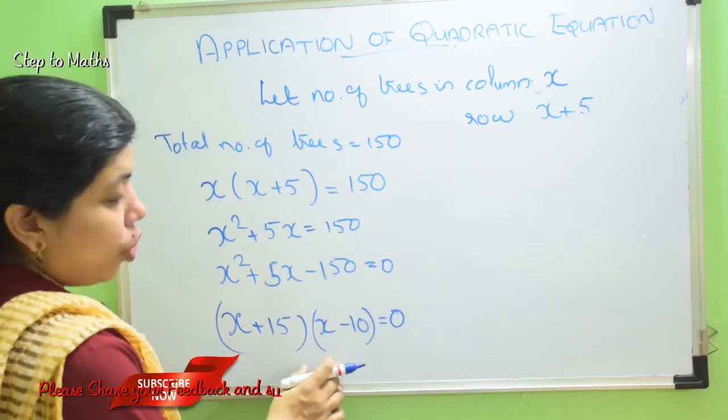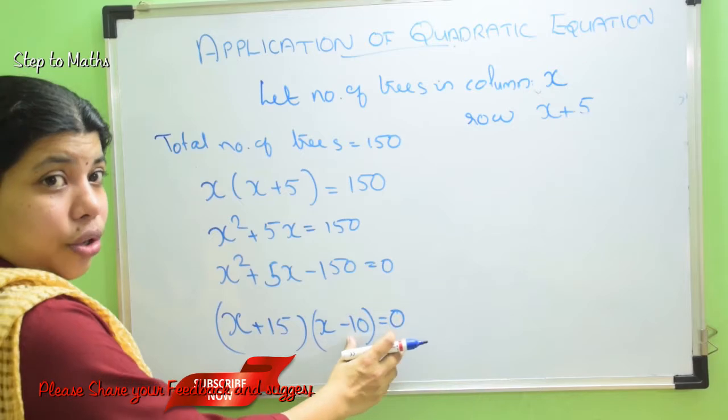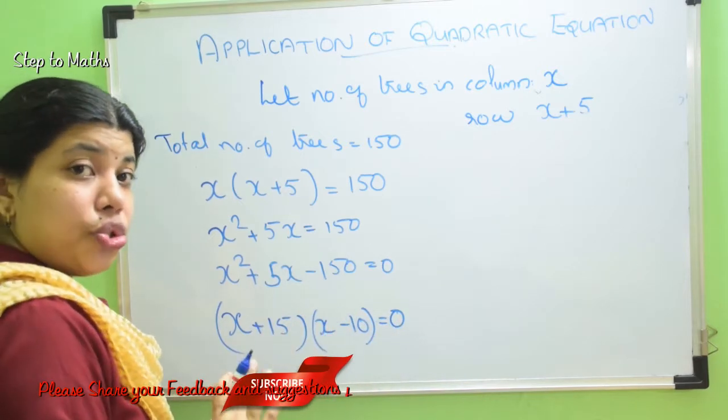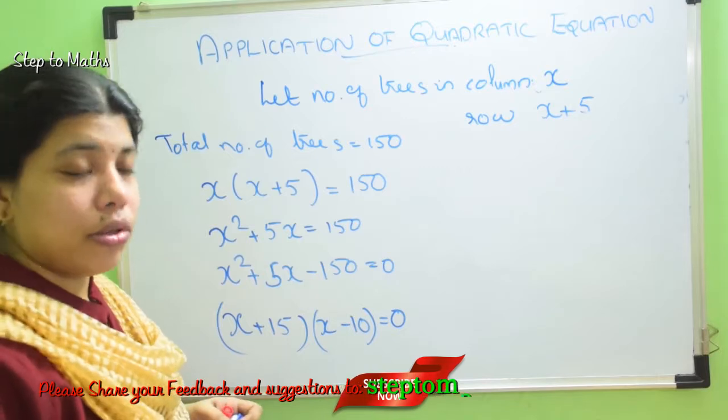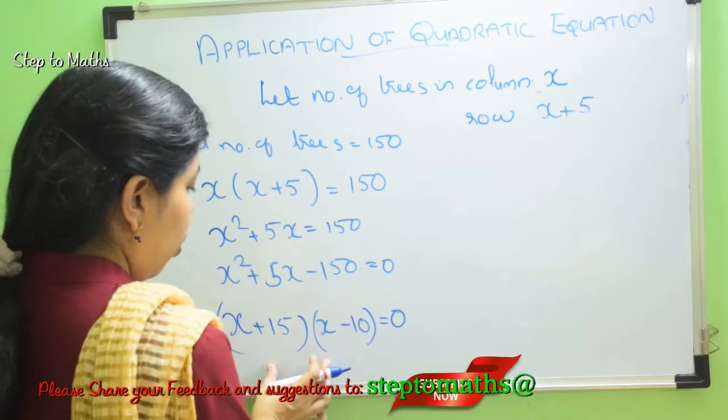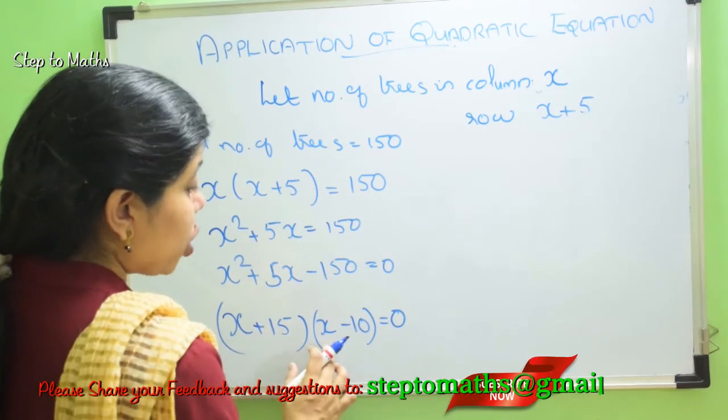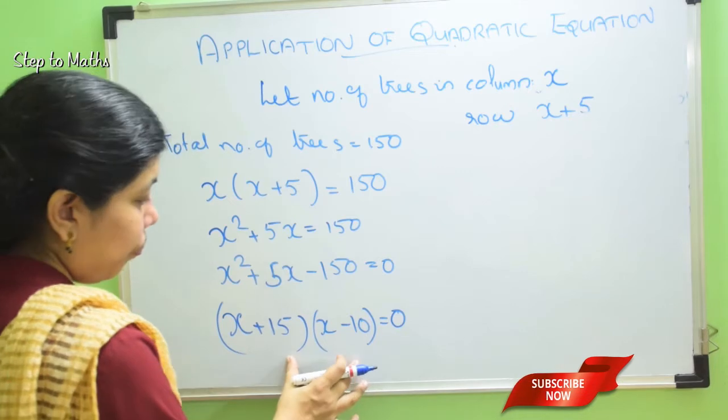X plus 15 into X minus 10 is equal to 0. If it is difficult to find the factors directly, you can apply the formula also.